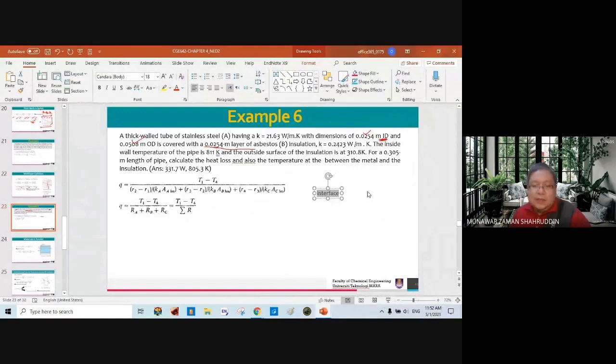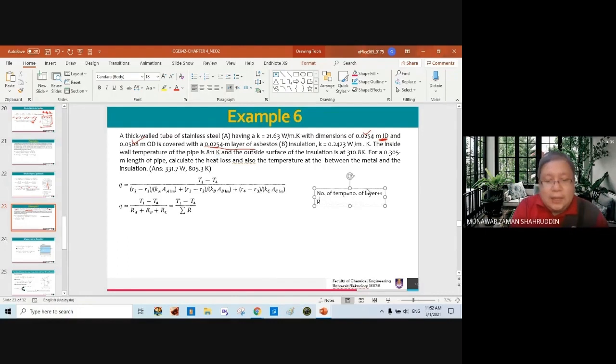Ambil satu kat sini, layer. Macam mana nak cakap, number of temperature sama dengan number of layer plus 1.